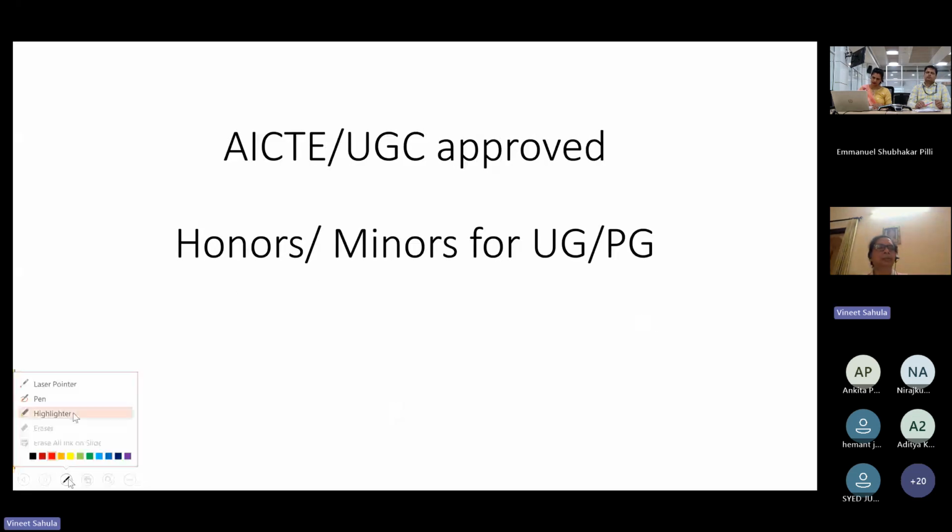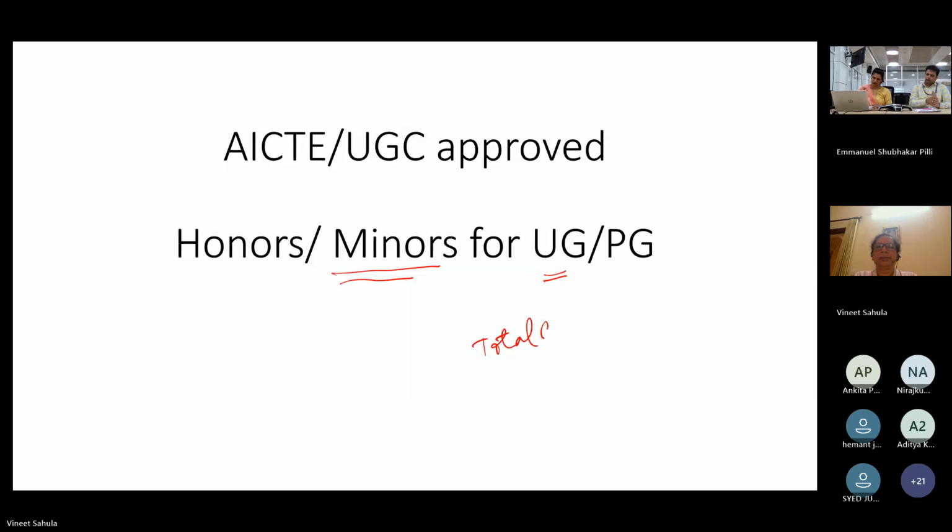AICTE and UGC have approved the minors for UG. Apart from their total credits for UG degree eligibility, they can take 5 more courses, maybe 3 credits each, and go for a minor.